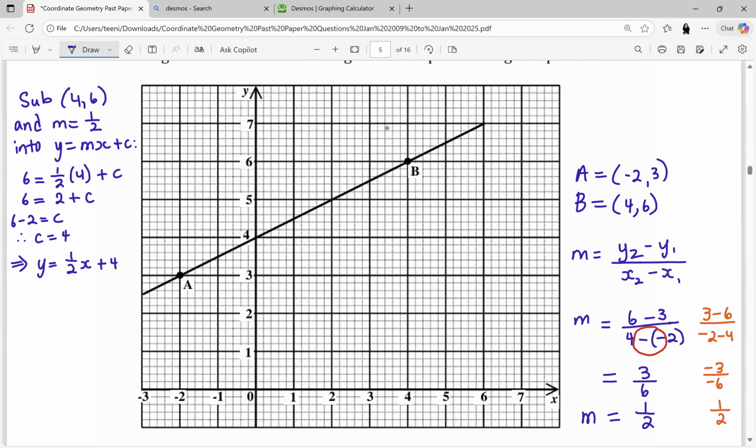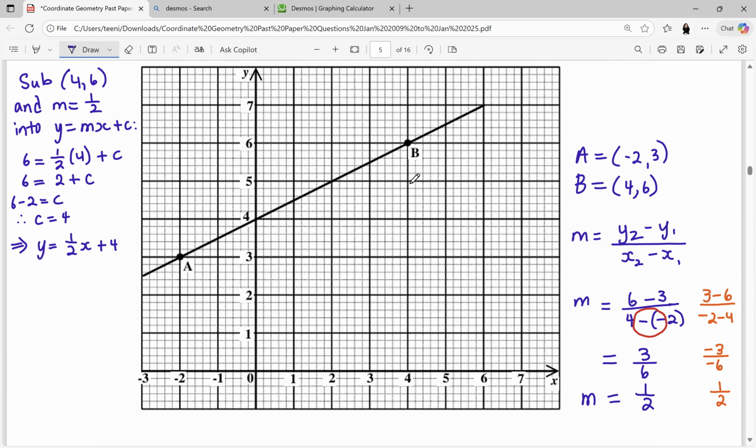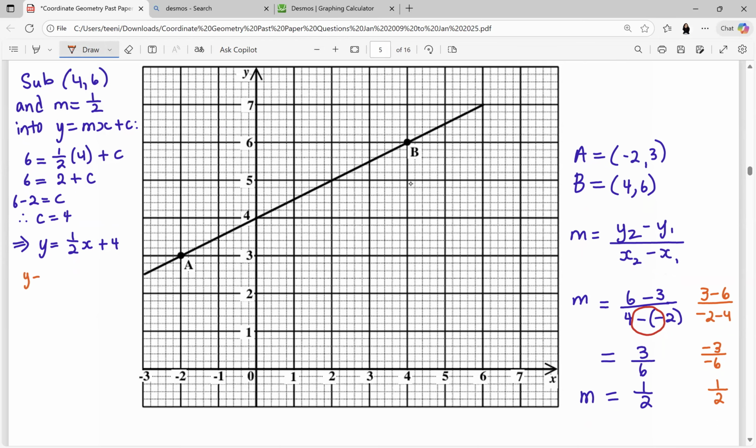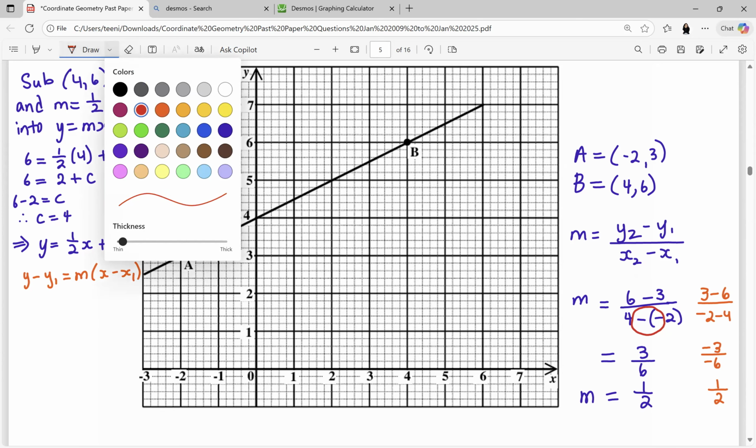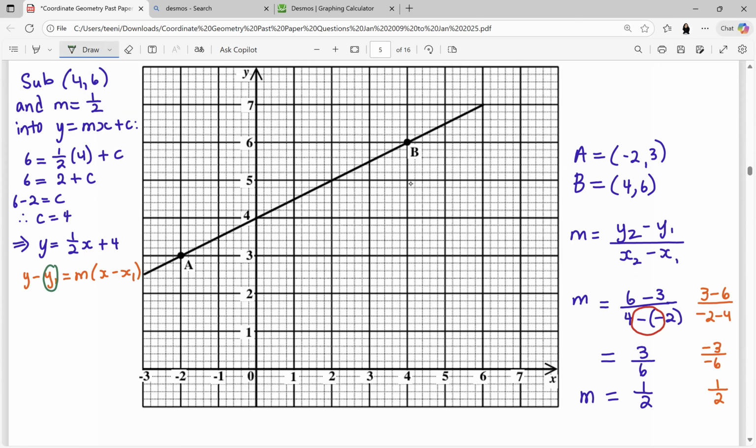All right, that's one method. The next method is to do that same thing, substituting 4, 6, and m is equal to a half into, let me use a different color, y minus y1 is equal to m by x minus x1. All you're replacing here are y1, x1, and m.